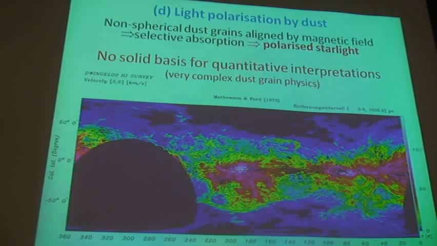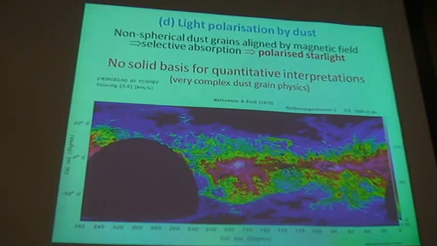Because we don't know exactly what is the angular velocity of rotation of these dust grains, what are their magnetic properties, what is their chemical composition. So the best we can do now with this is to calculate the ratio of the turbulent field to the large-scale field from the scatter of the polarization index. And this is basically the only qualitative information about the magnetic field that you can get from this very rich and beautiful data.